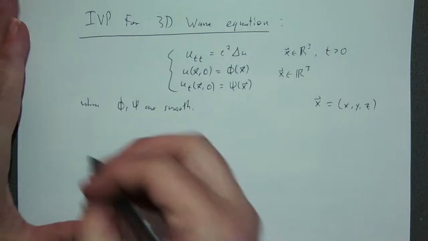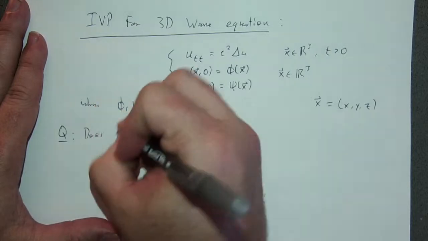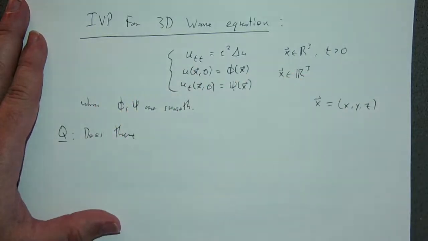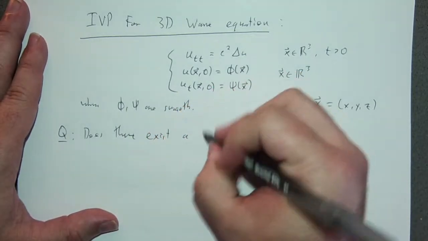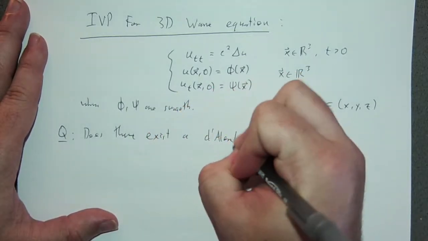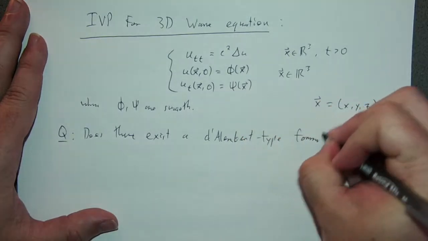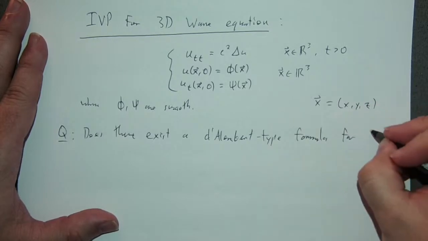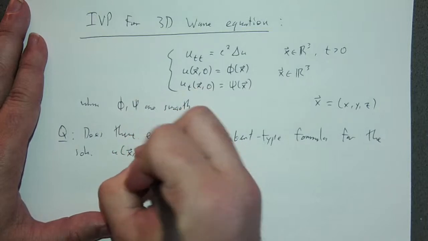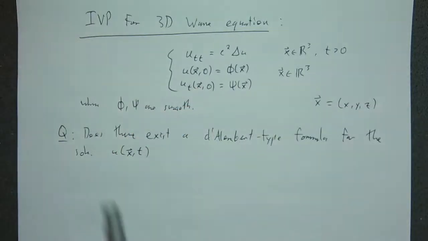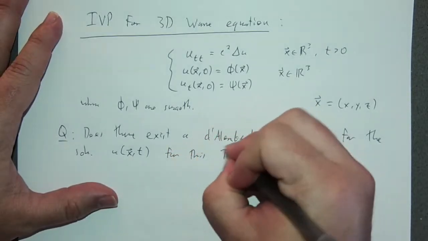So a natural question is, does there exist, notice there's no boundary conditions here, these are just initial conditions, a D'Alembert type formula for the solution u of x, t for this IVP?